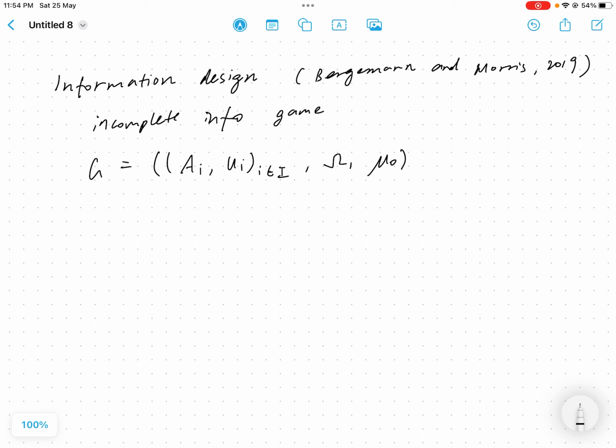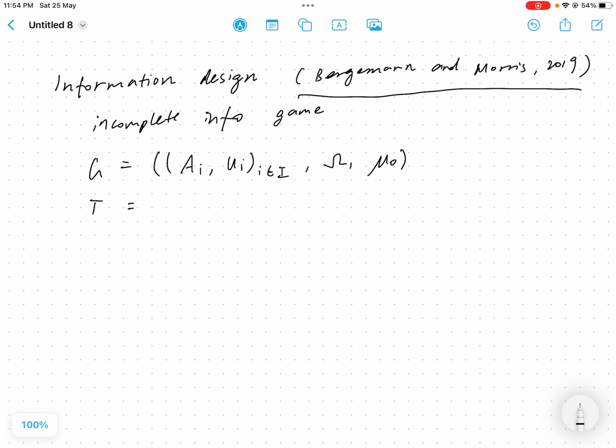As we mentioned before, this continues from the Bergemann and Morris 2019 paper.